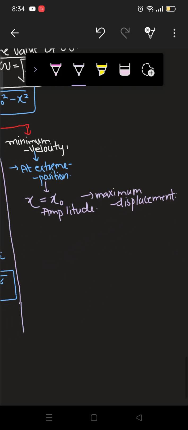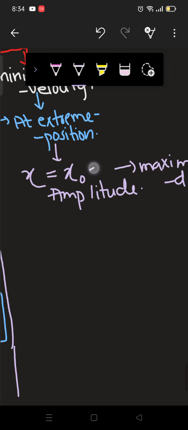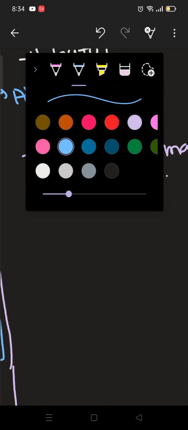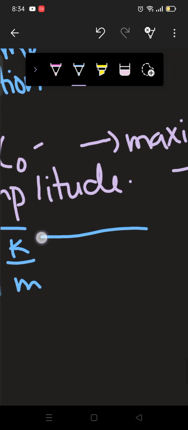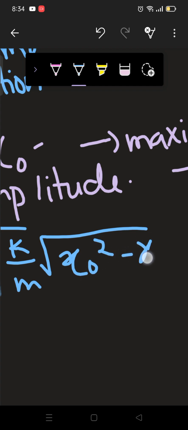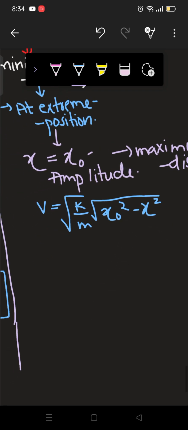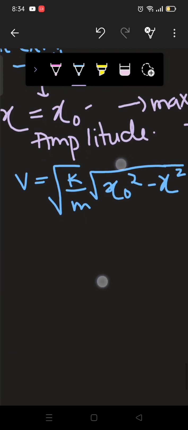So here your x is equal to x naught. x naught is the maximum displacement from the mean position to the extreme position. Let's substitute this value in the formula v is equal to under root k over m into under root x naught square minus x square. So let's substitute the value of x, which is x naught.